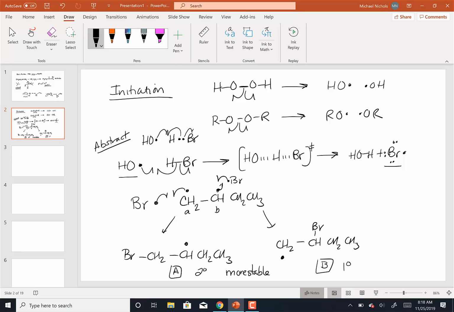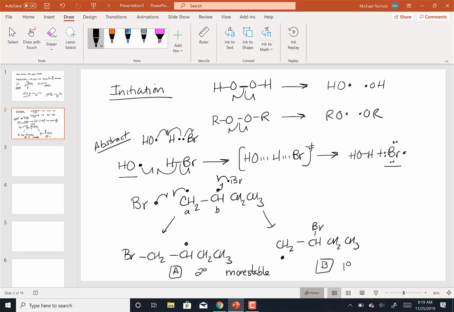Anybody getting a sense of deja vu here? When we added HBr, what did we do? Almost exactly the same thing, right? We added the H plus to carbon A, we added the H plus to carbon B, and then we got two carbocations, and what did we say? The H plus will add to the carbon that gives us the most stable carbocation. But what have I done in this case?